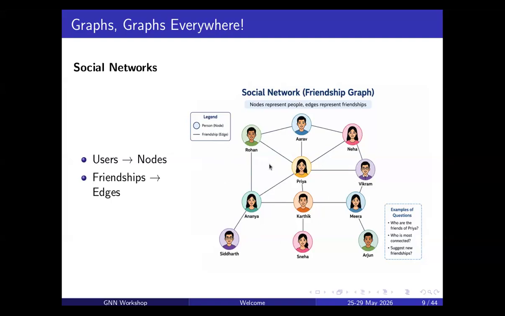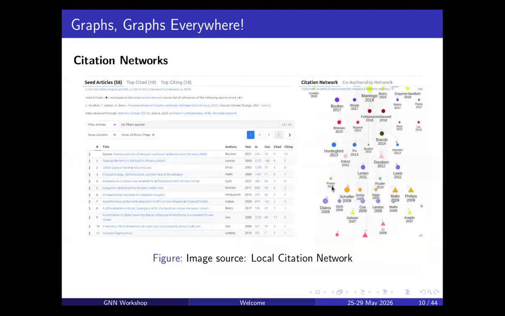Or you can ask who is most popular, who has the most friends, who may be an outlier in this group, who is most distant, or who is most connected. Can you suggest some friends for Priya or Karthik? Many such questions you can ask in this kind of graph.